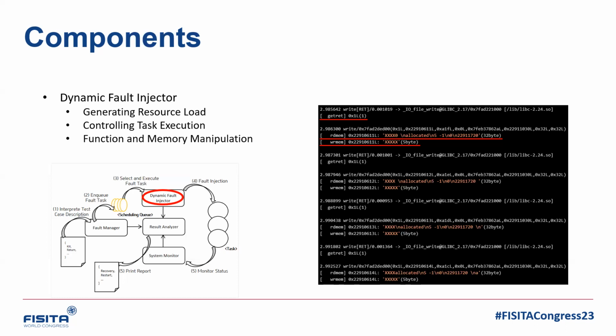The image on the right side illustrates a log of the task in which the dynamic fault injector injects a memory corruption fault into a specific task and then reads the memory area again every time the write function is called.